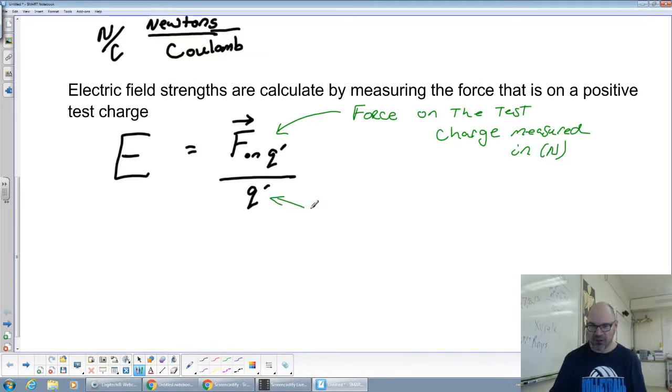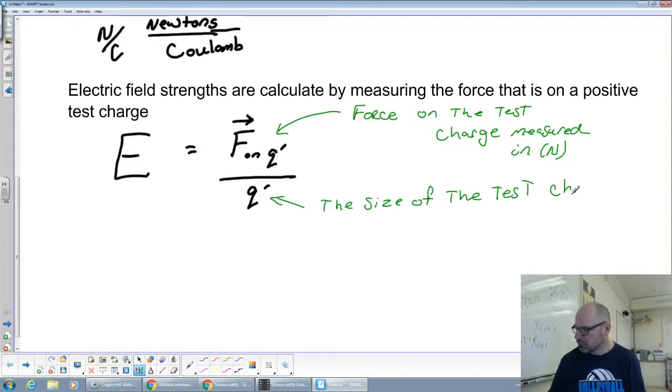This is the charge size of the test charge, and that's measured in coulombs. So that's where we get our newtons over coulombs.